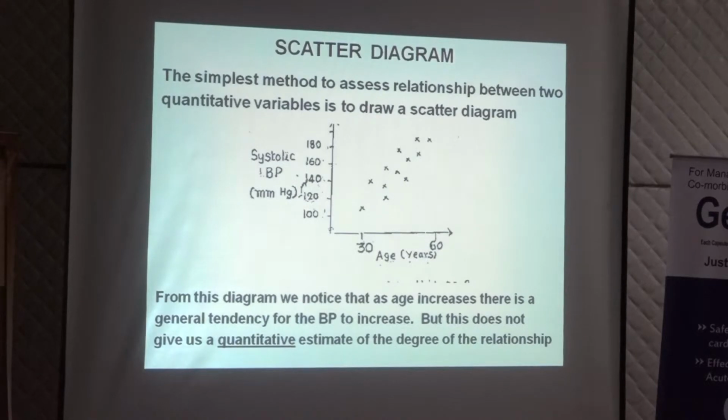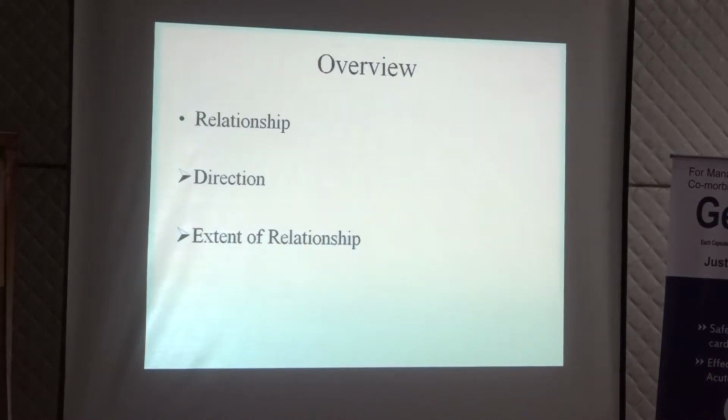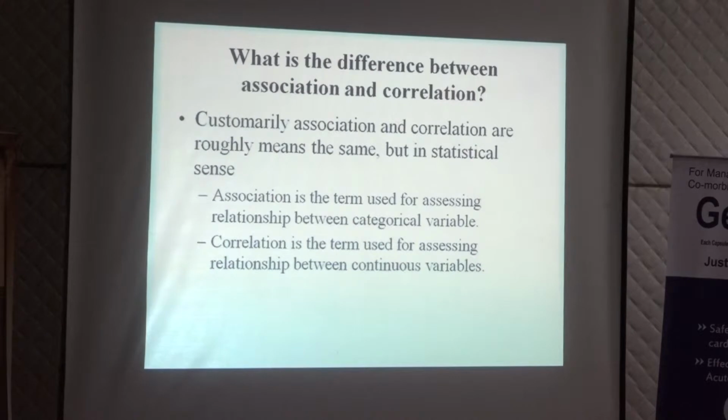Now, the scatter diagram has already been told. As the age increases, BP also increases. So in the case of correlation, we see the direction and the extent of the relationship. What is the difference between association and correlation? This is very important.